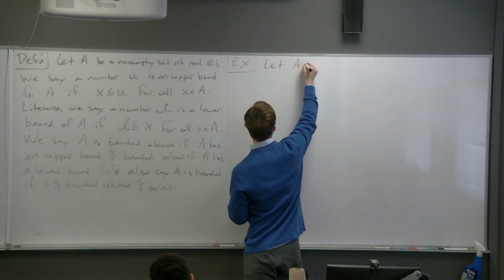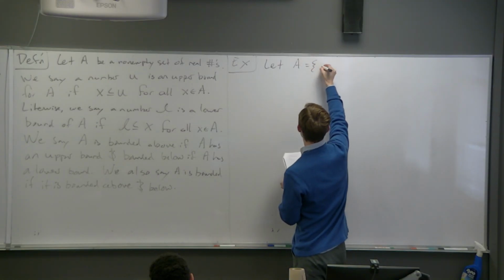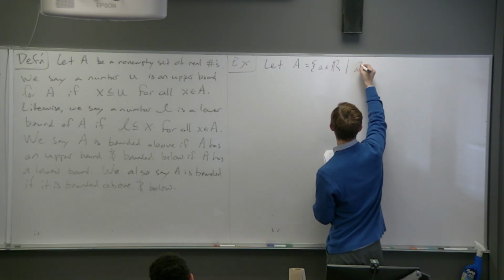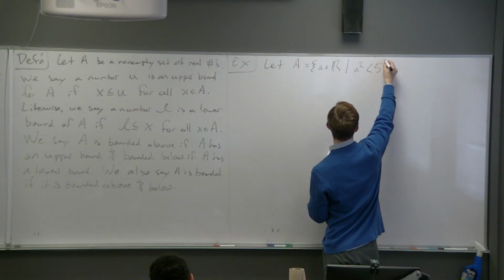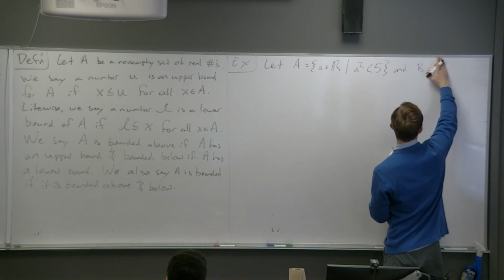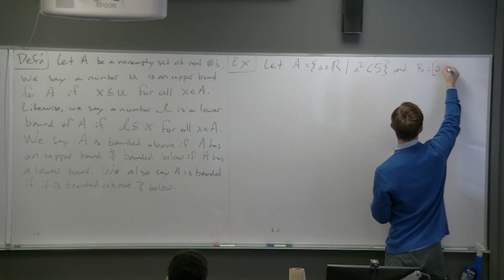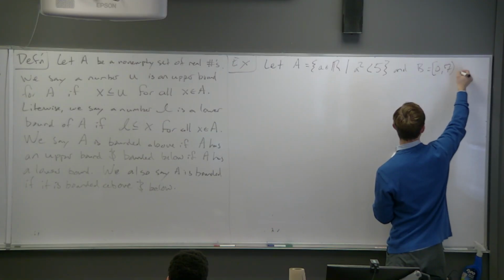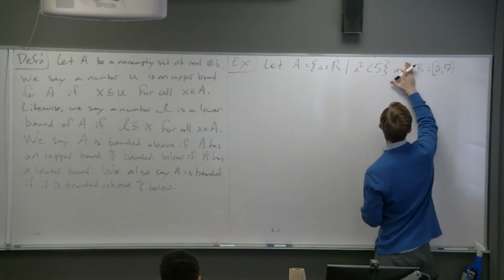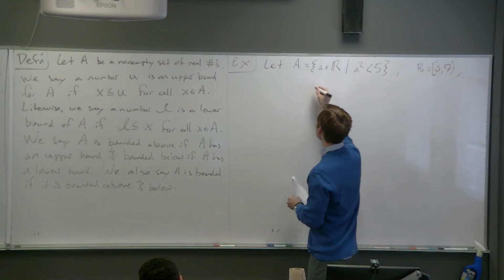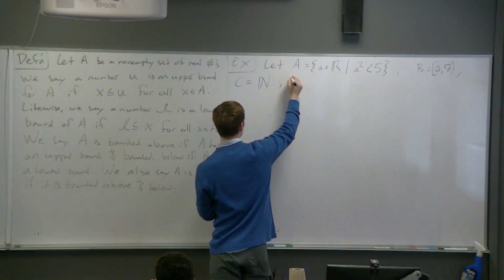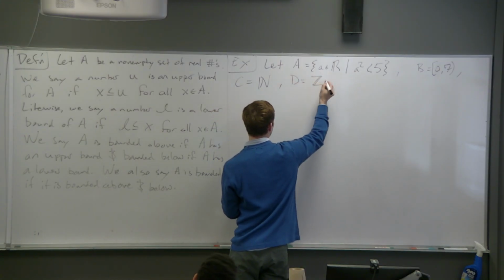Let A be the set of real numbers such that a squared is less than 5. And let B be the set of numbers, say, 0 up to 7, not including 7. Well, even let's do some more. Let C be the naturals, and let D be the integers.